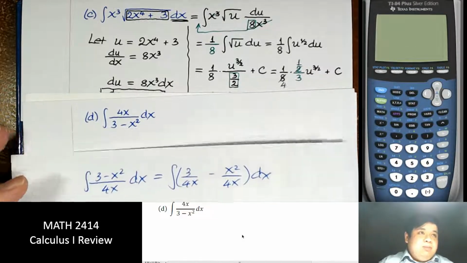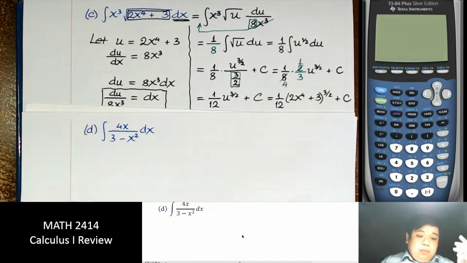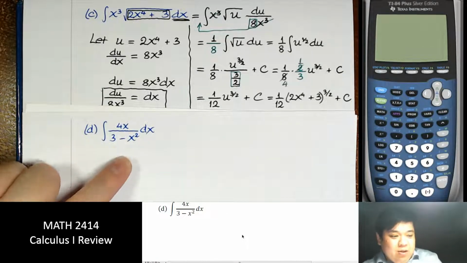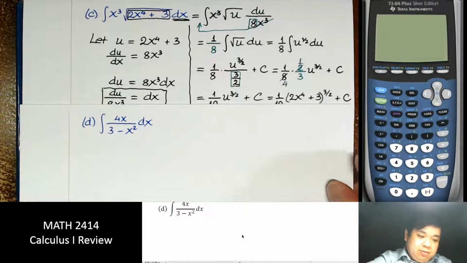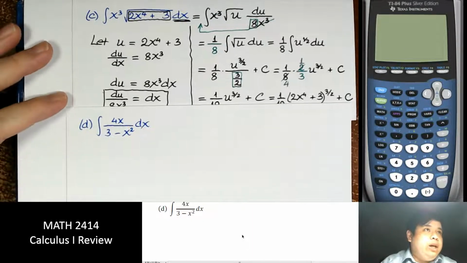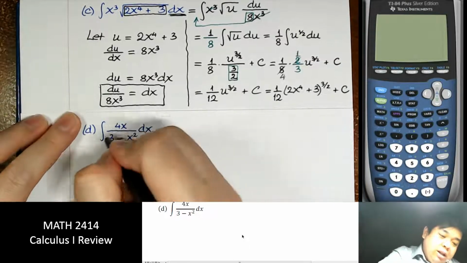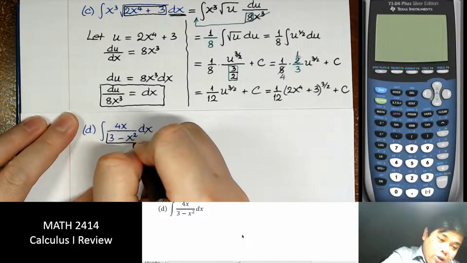So that's different. We can split the top, but we cannot split the bottom. And there's no quotient rule here. So the only thing we can use is substitution. So we'll let u equal to the denominator.